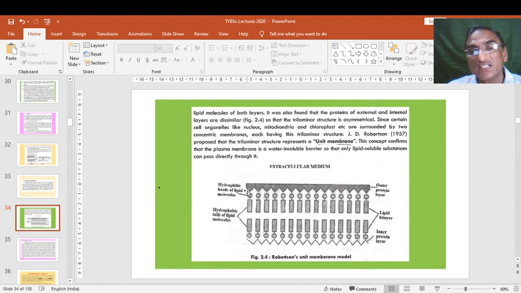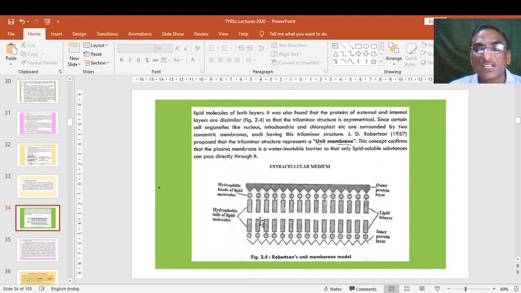In it, the hydrophilic heads of lipid molecules are arranged serially at both sides in the membrane, and the lipid bilayer model is here. So this is one layer, and this is two layers. This is the lipid bilayer model, and this single piece is called the tail of the lipid molecule. This is the head of the lipid molecule.